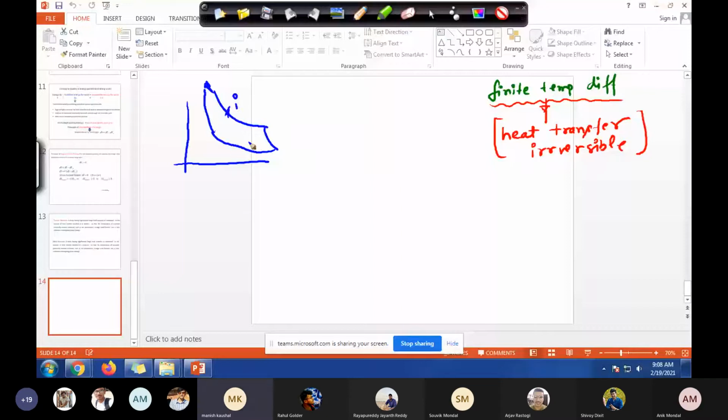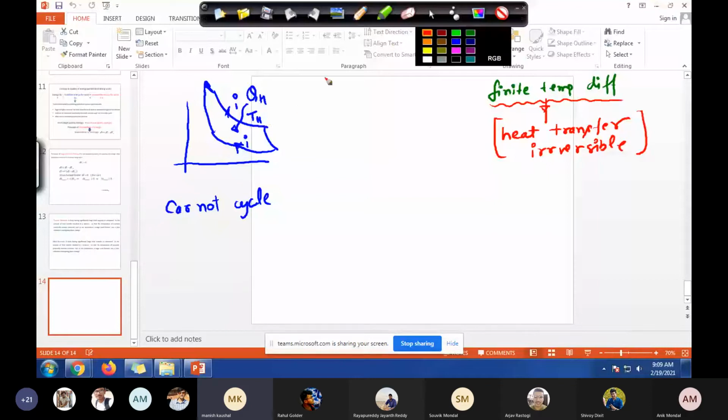Here the system takes QH. What is the temperature of this isotherm, by the way? TH, right? So how do we pass this QH heat? Can anyone tell me? What are the means to provide QH?